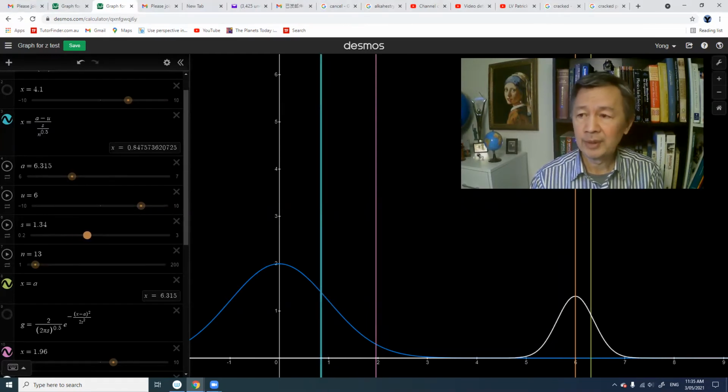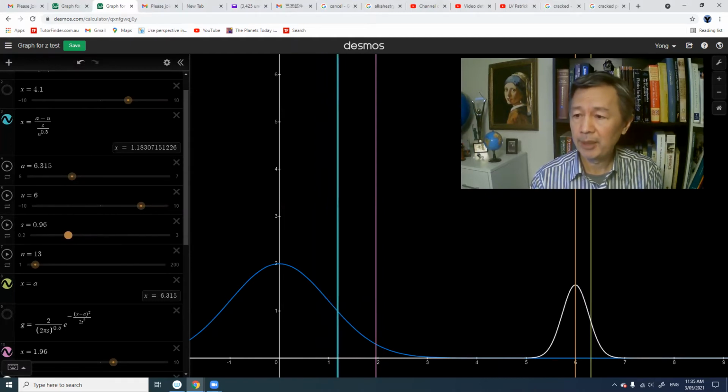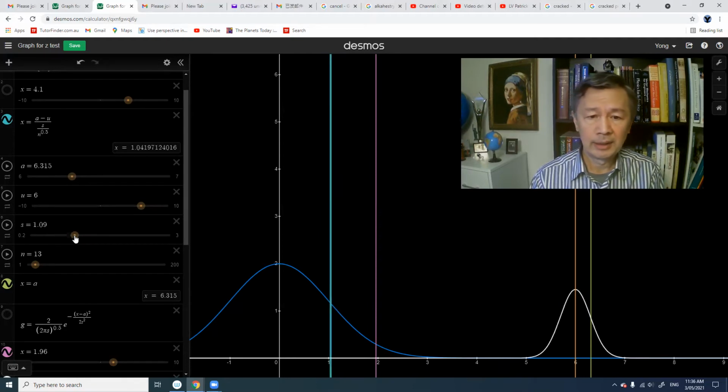If the sample standard deviation is smaller, the bell shape gets narrower.